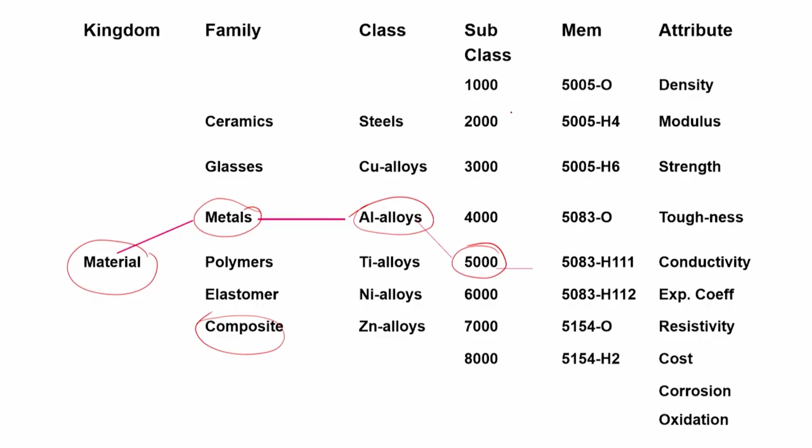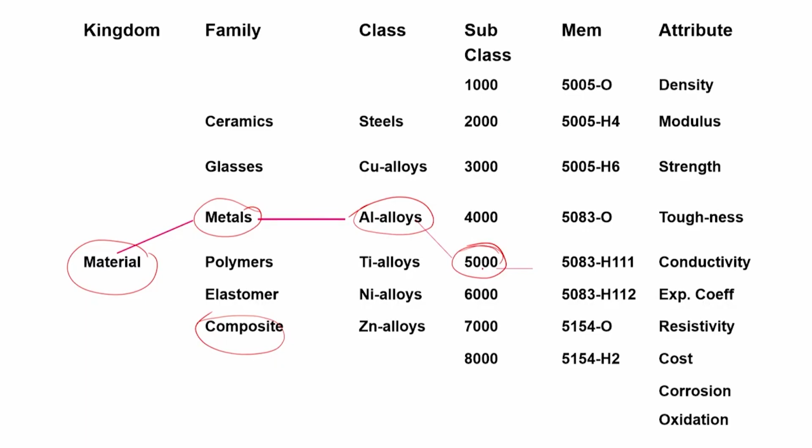So, it is light, it has good strength, it has corrosion resistance, and you can also form it to give different complex shapes to it. So, sheet metal bending and all these things you should be able to do. So, in spite of the availability of all of them, we will go for 5000 series.